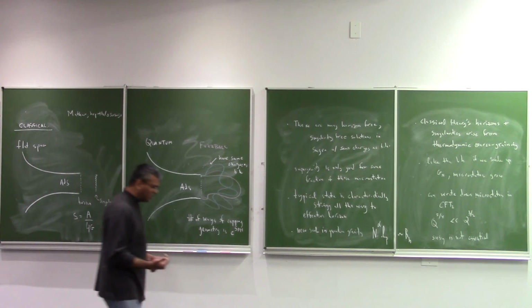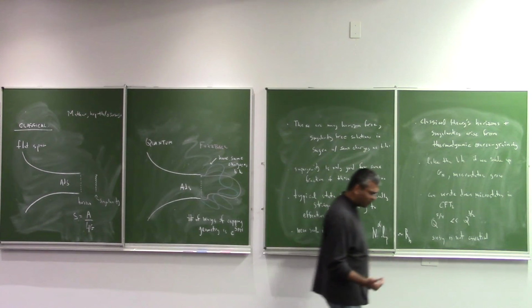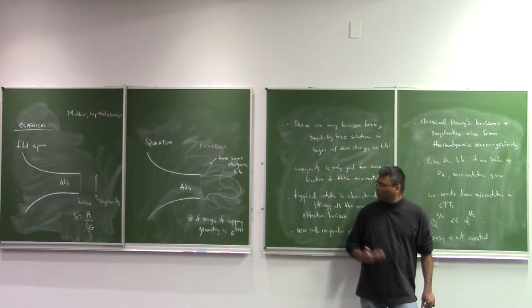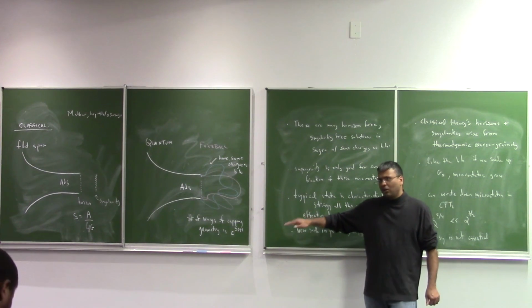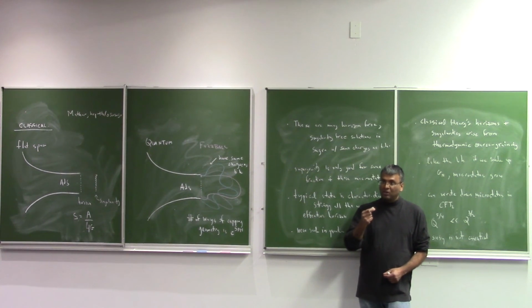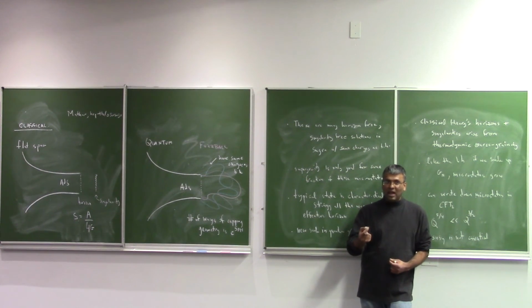But the idea is that the Cardy formula lets us count partitions of large numbers. So what I'm doing is mapping this problem to a partition problem. I'm getting a large number of oscillators, distributing energy among these oscillators. The number of ways of doing that is a partition problem whose asymptotic answer is given to us by the Cardy formula.